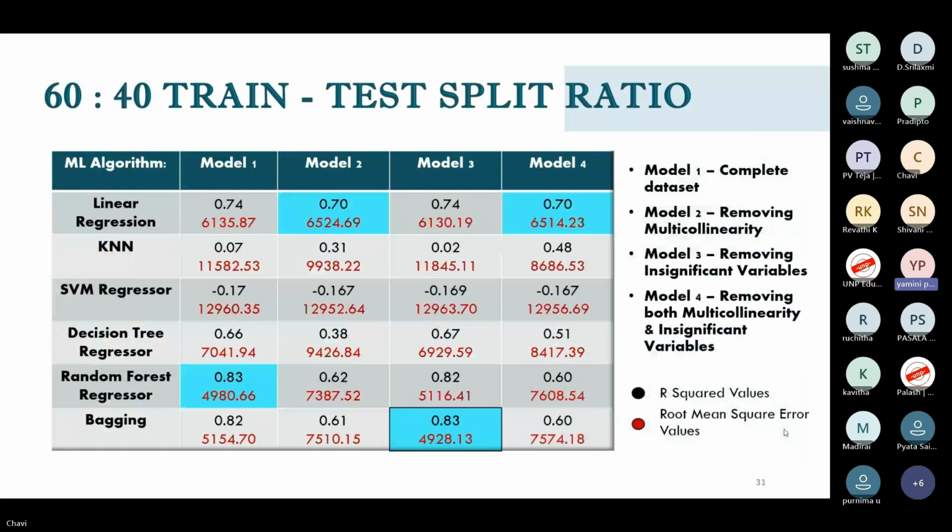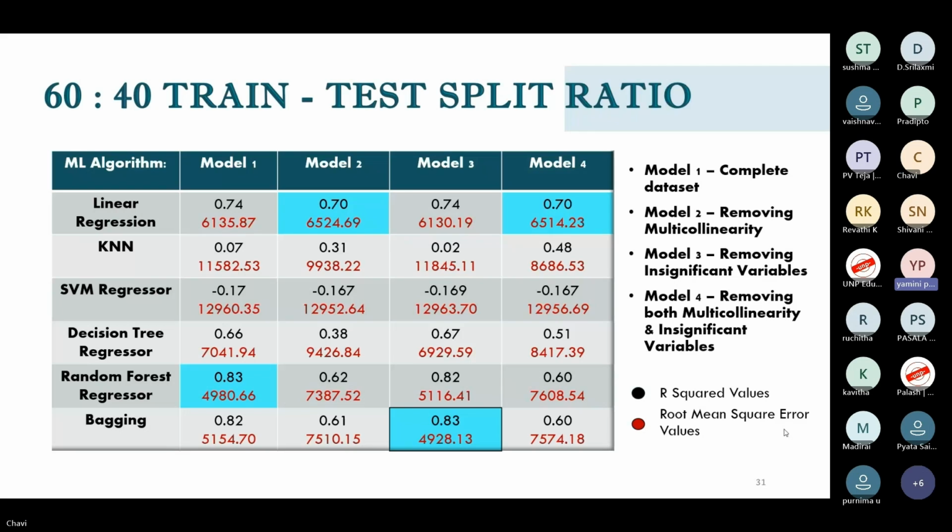Here first we are taking the 60 to 40 train test split ratio. In model 1, random forest is giving the highest R square value, that is 0.83, and the lowest root mean square error value, that is 4980.66. In model 2, linear regression is giving the highest R square value, that is 0.70, and the lowest root mean square error value, that is 6524.69.